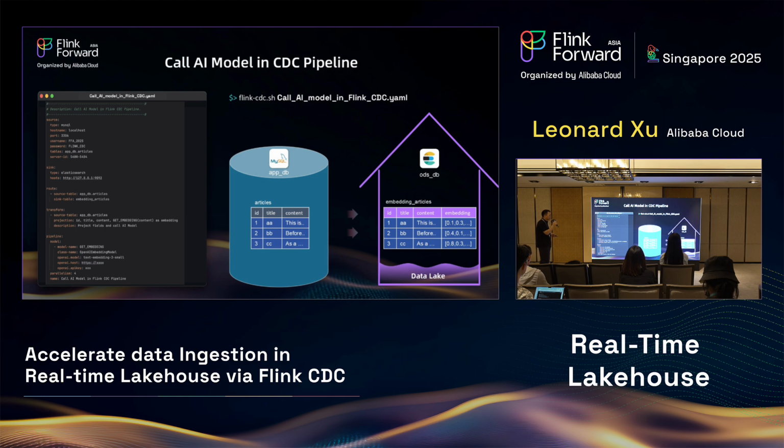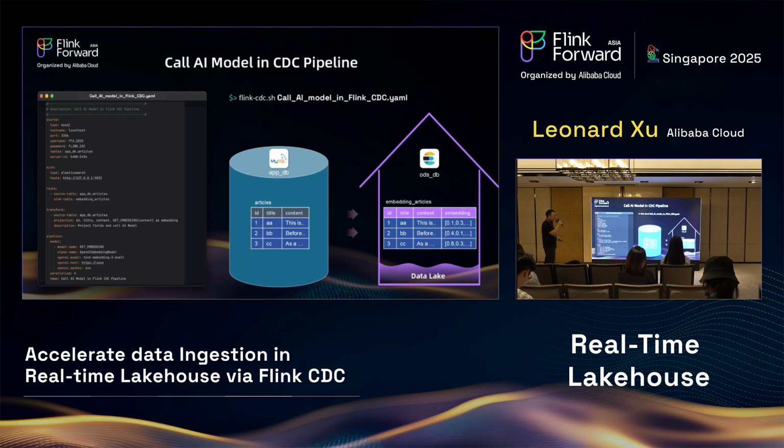If you want to generate the embedding vector according to the article content, then in the projection part, you can generate the embedding vector by calling the get embedding model.